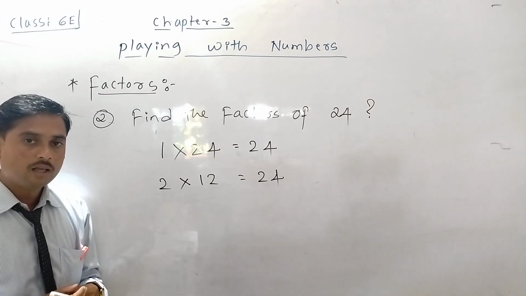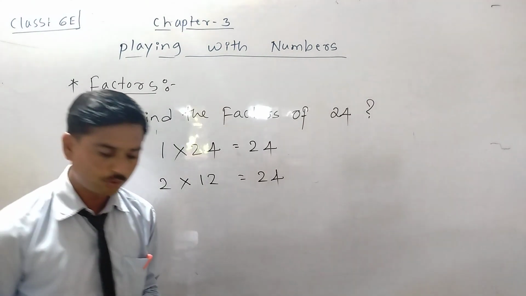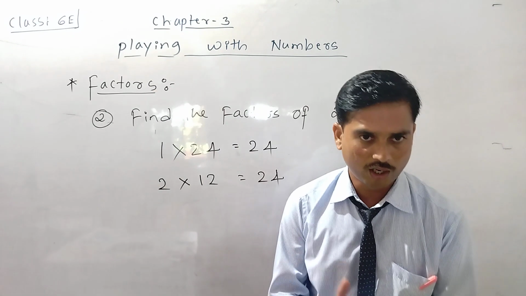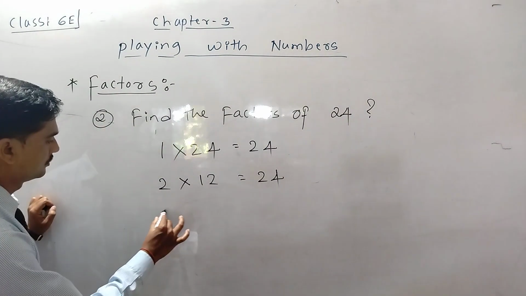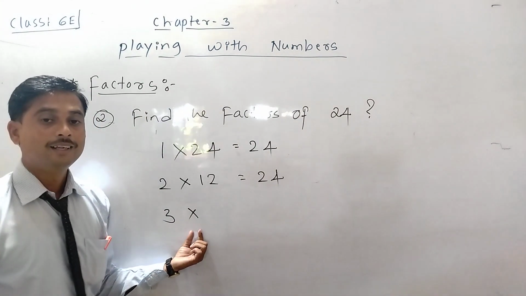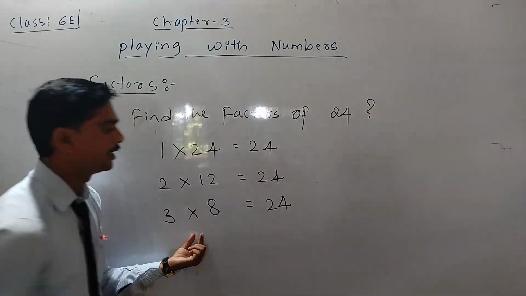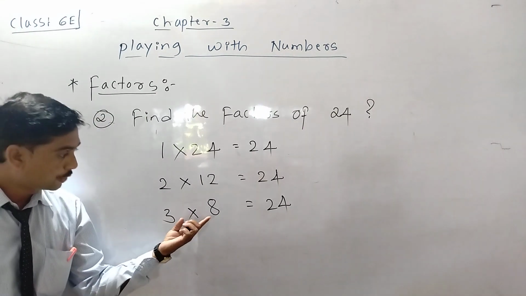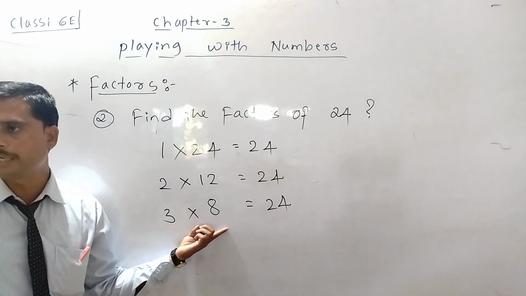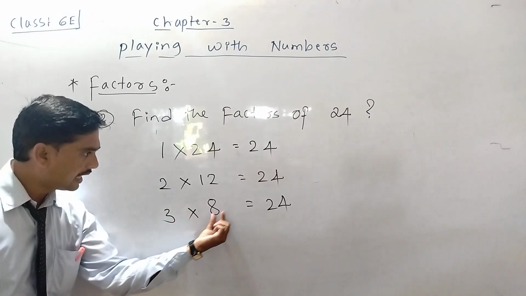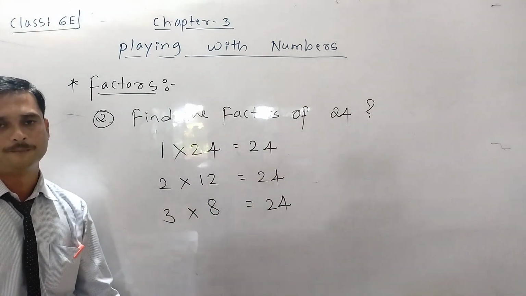Does 3's table have 24 or not? You should count it fast. 3 eights are 24. Dear students, here also at a time we get 2 factors again. 3 eights are 24, 8 threes are also 24.